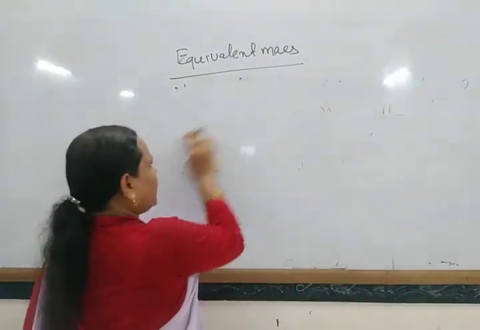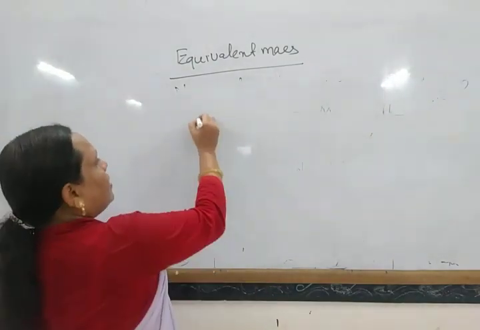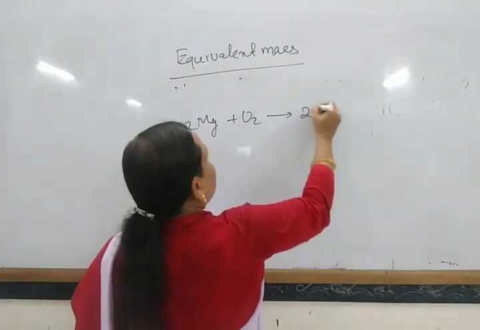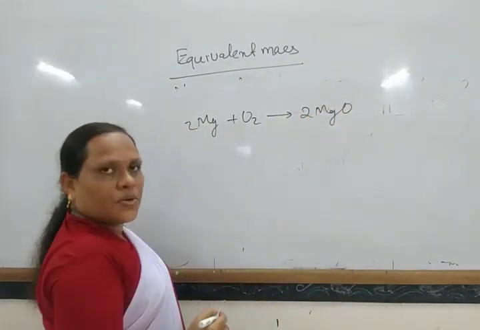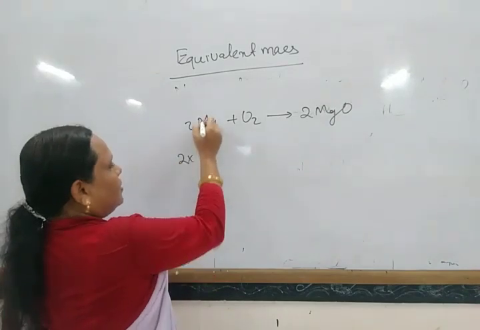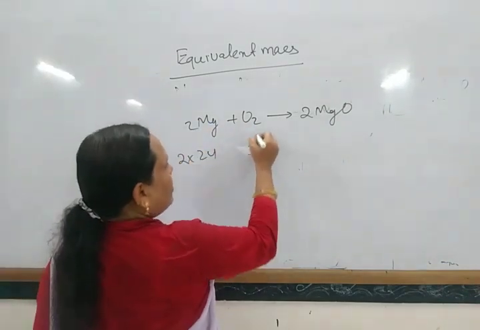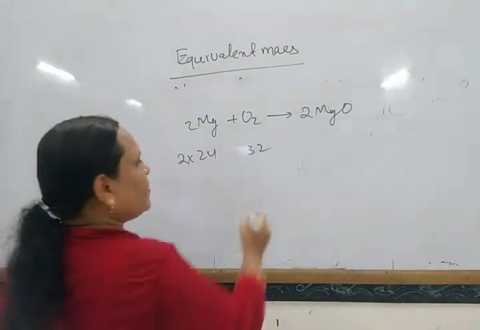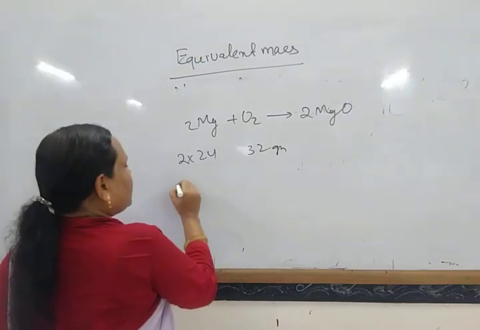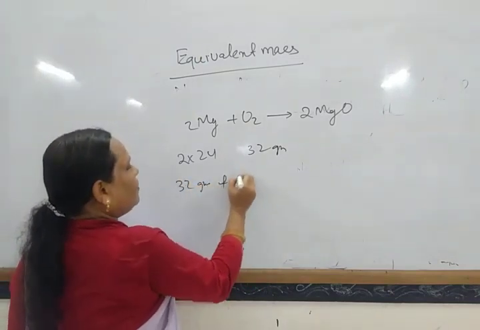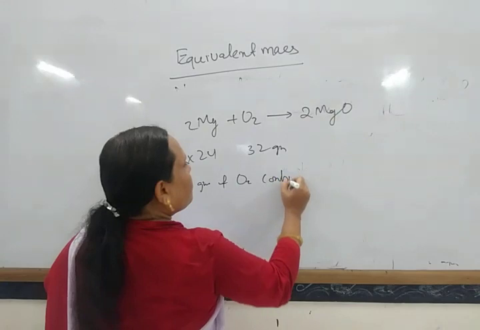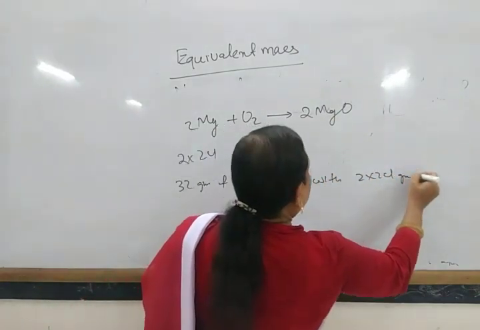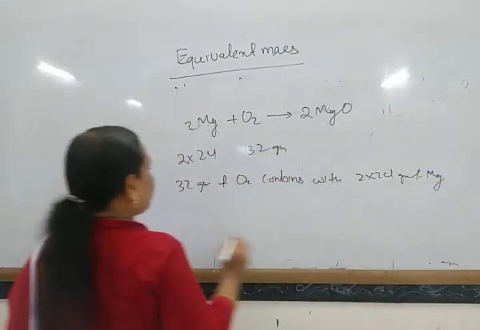Look at another example: magnesium plus oxygen gives rise to 2MgO. So 2 into 24, and here O2 has a mass of 32, written in grams, 32 grams. So 32 grams of oxygen combines with 2 into 24 grams of magnesium.